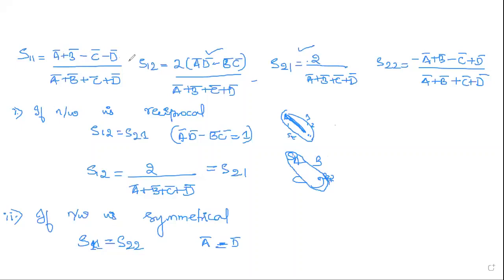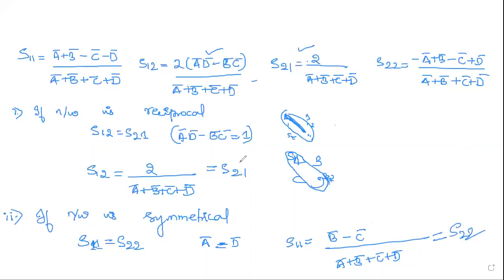This is plus and this is minus, so the equation reduces to S11 equal to B bar minus C bar divided by A bar plus B bar plus C bar plus D bar. Similarly in S22, instead of D bar you substitute A bar; the plus and minus get cancelled and you have the equation which is also equal to S22.